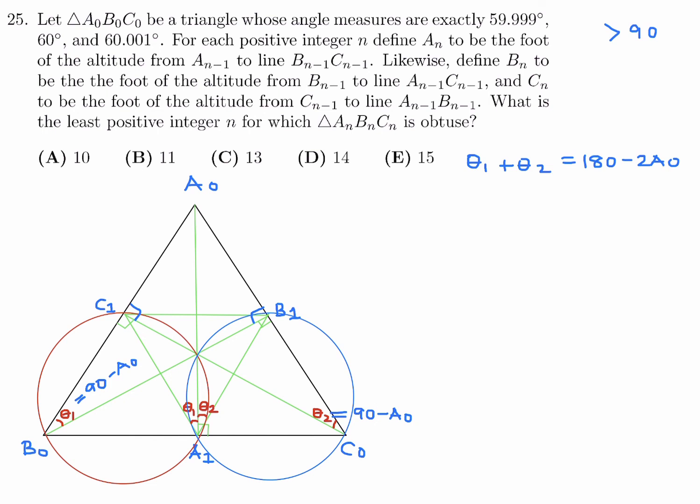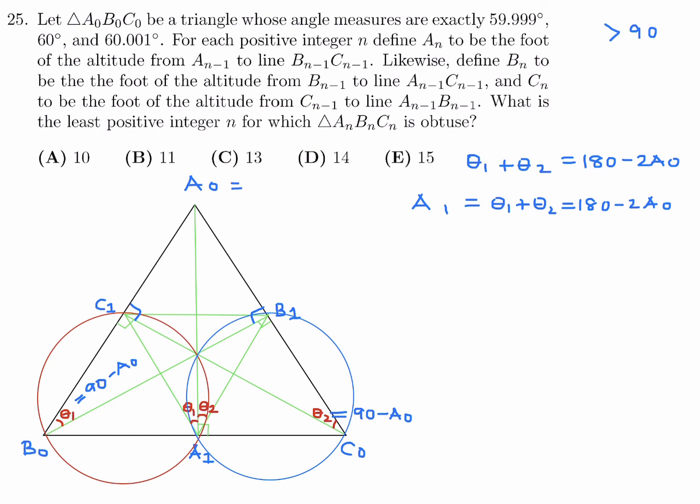Okay, so now we're ready for A1, B1, and C1. A1, that angle, is right here. It basically is equal to theta 1 plus theta 2. And that is 180 minus 2A0. Well, they've given us the angles, and so let's just assign them.